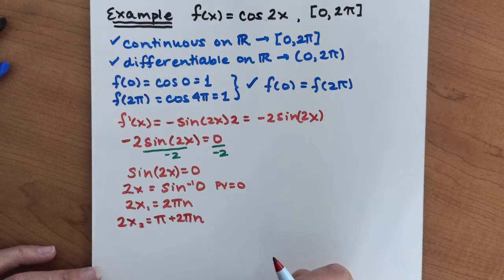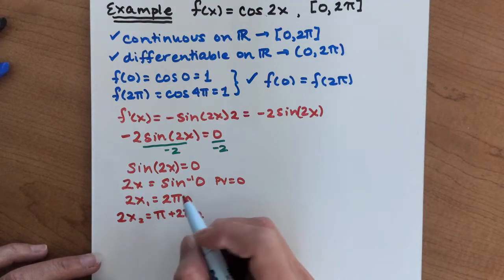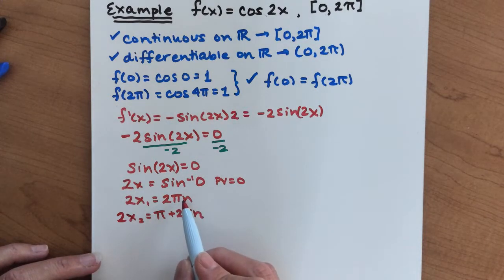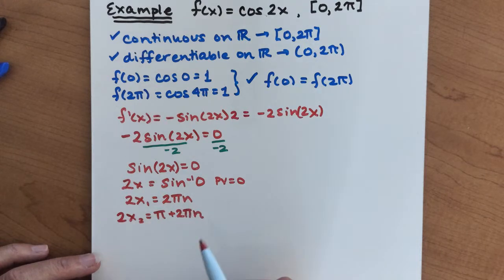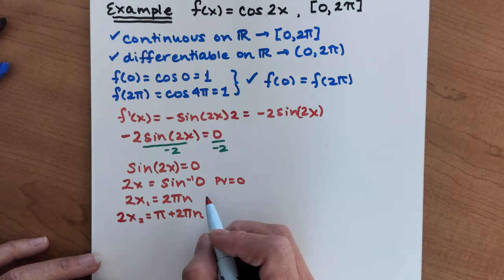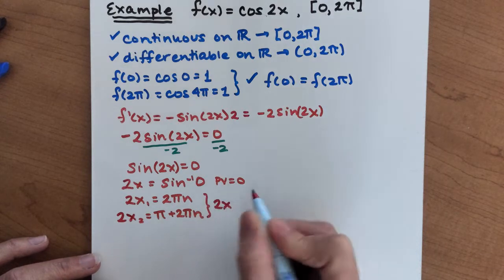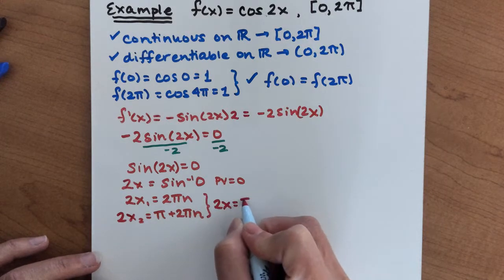Now, it's not necessary to combine these, but it can simplify things a little bit. The first equation gives me 0, 2 pi, 4 pi, 6 pi, all of the even multiples of pi. The second equation gives me pi, 3 pi, 5 pi, all of the odd multiples of pi. So I can just combine those into every multiple of pi, so pi n.